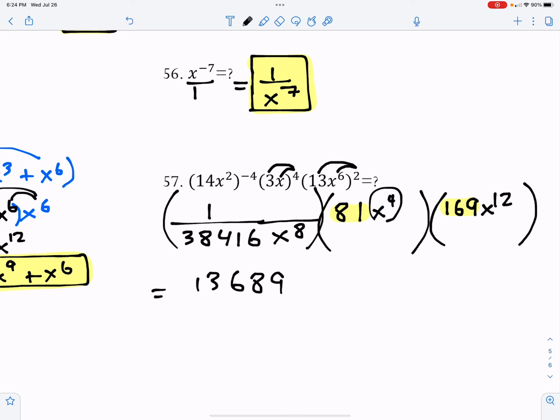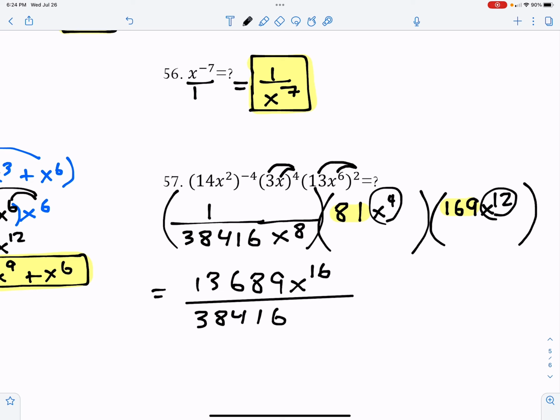And then I'm multiplying the same base, so I'll add those exponents. X to the 16th power over 38,416. Okay, and then on the bottom is x to the 8th power.